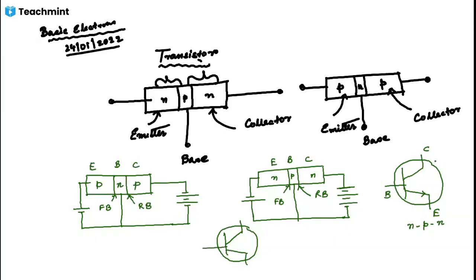Only one thing is changed, that is the direction of the current. This is collector, this is base, and this is emitter. This is for PNP.